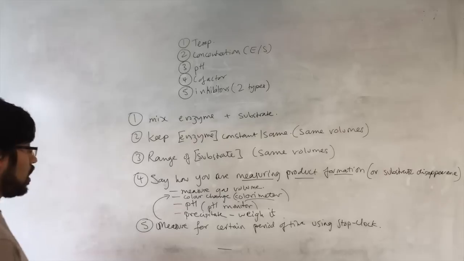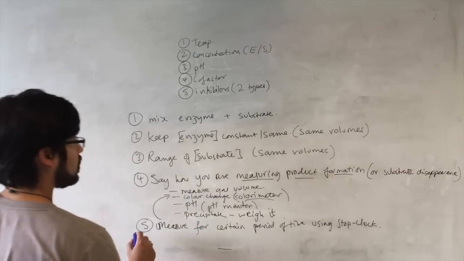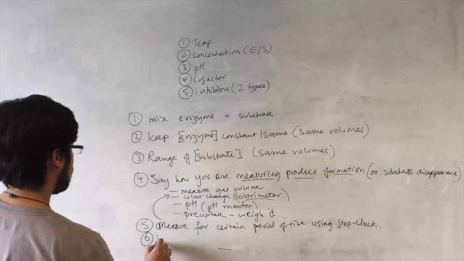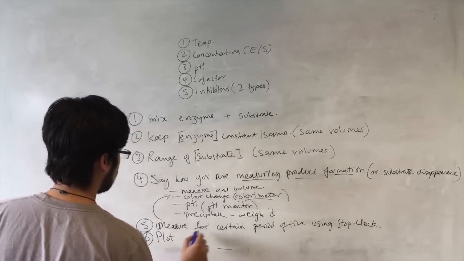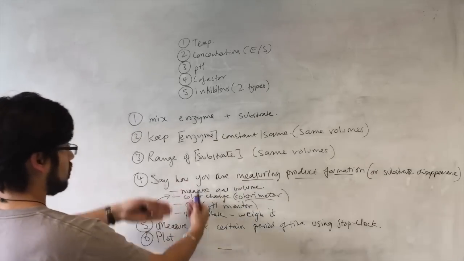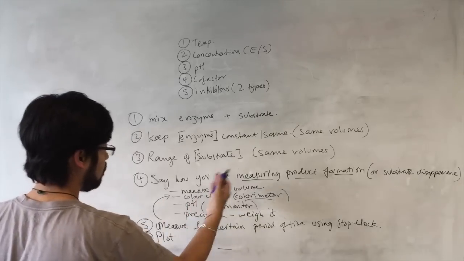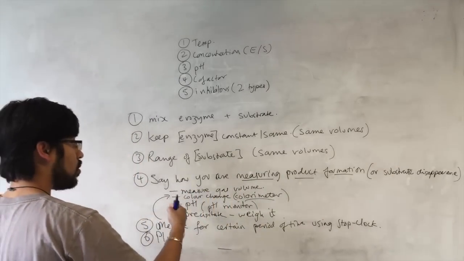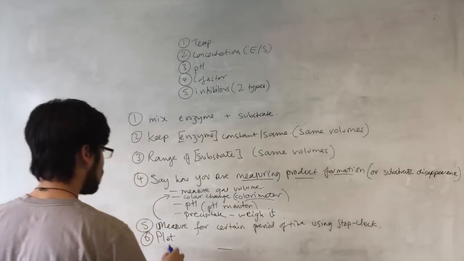Okay, and then I don't know if I'm running out of space, but the final thing would be to plot pH changes or volume of gas collected or precipitate collected.